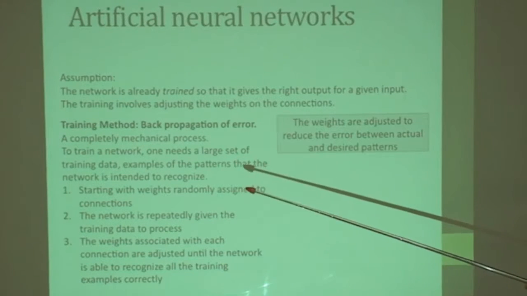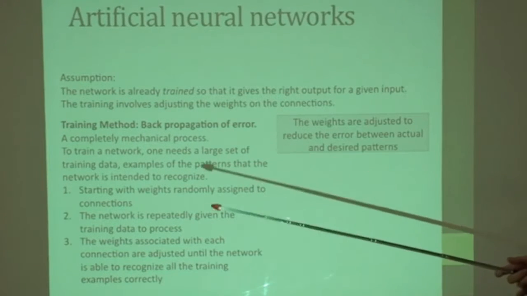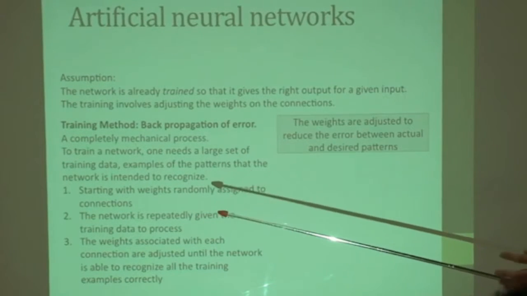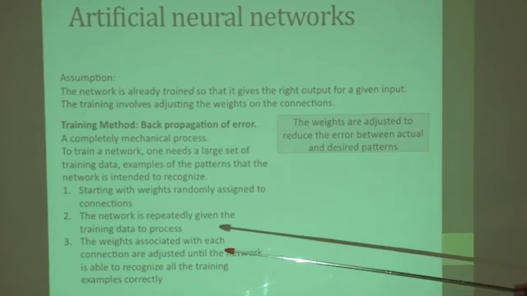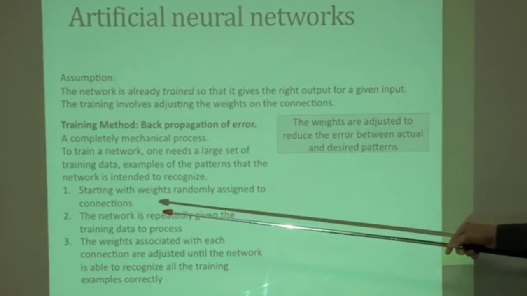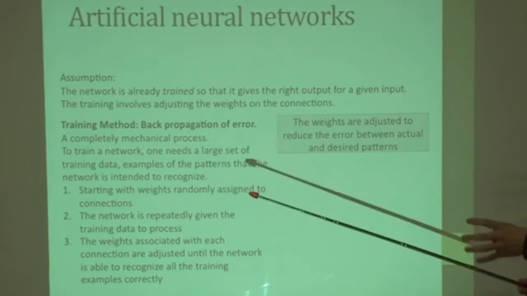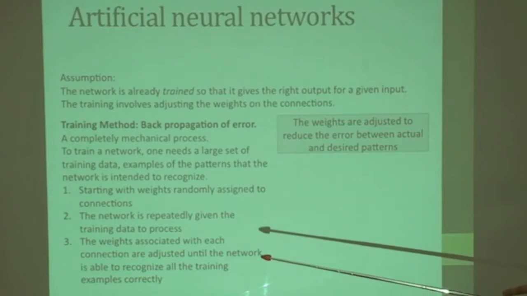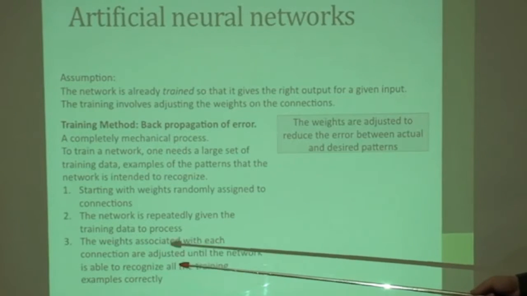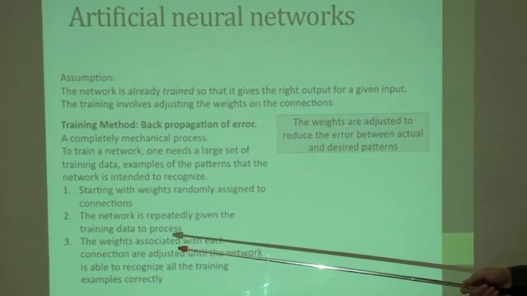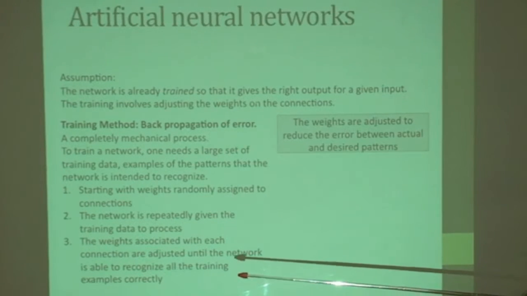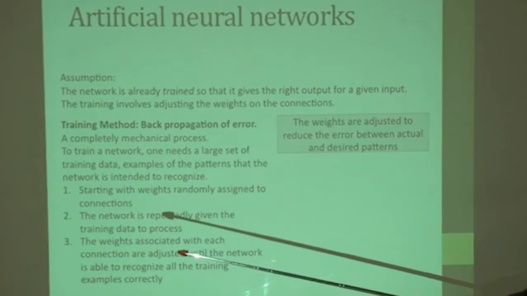To train a network, first we need a large number of training data, examples of the patterns that the network is intended to recognize with the correct output. Firstly, we start with weights randomly assigned to the connections in the network, and secondly, we give the training data to the network, and the weights of the connections will be automatically adjusted to generate the correct output of the network.